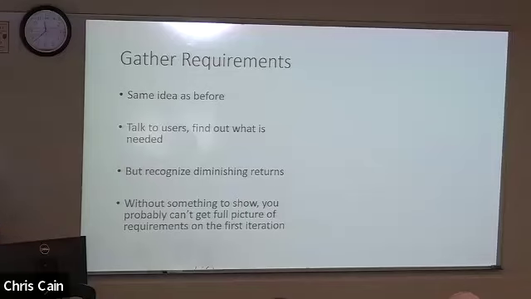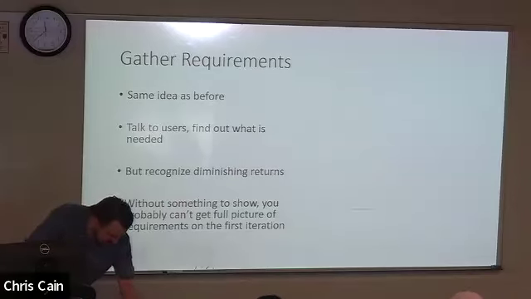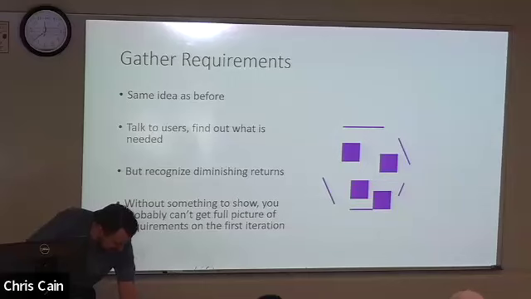There reaches a point where it's no longer worth having that back and forth, and it's worth getting started, taking the information that you've gathered and producing something from it. Do note, though, that if you don't have something to hand the users or the client, you may not be able to understand all of those requirements, and they may want to add some things as they start playing around with what you've developed. So, it still looks exactly the same.